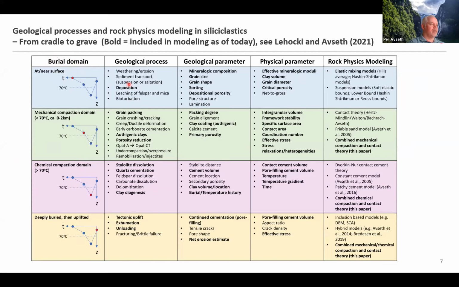Then you have a list of geological processes for each of these domains and geological parameters. And then you have the physical parameters, because we need to convert these geological parameters into rock physics, and then the strategy for the rock physics modeling listed here. The bold is actually where we're at. So this is still under development, and there are things we still haven't focused too much on, for example net to gross, secondary porosity, and stuff like that.